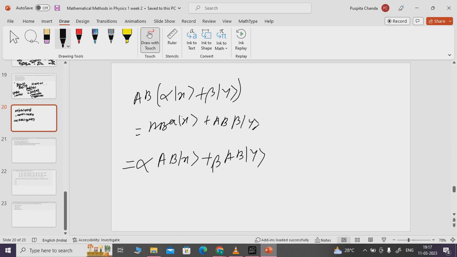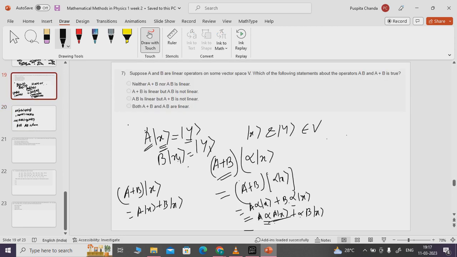So it is also distributive, and both A plus B and AB are linear. Any confusion in this? You can also check A plus B on alpha x plus beta y, which I have done earlier. But if you think it is very complicated, then when you prove A plus B, only alpha x is sufficient.